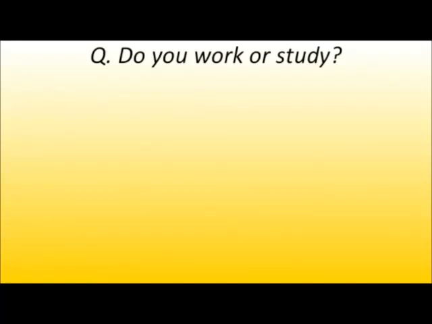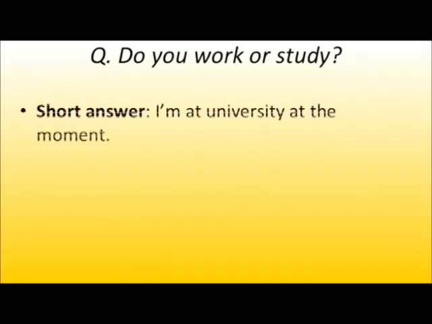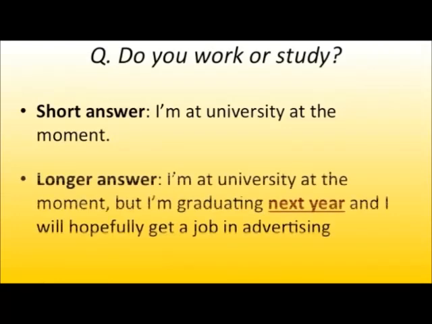Question: do you work or study? A short answer would be, I am at university at the moment. But instead, you can add something about the future and give a much longer answer, saying, I am at university at the moment, but I am graduating next year and I will hopefully get a job in advertising.